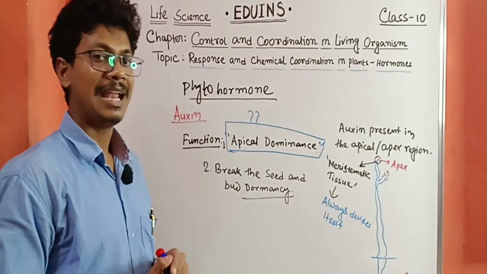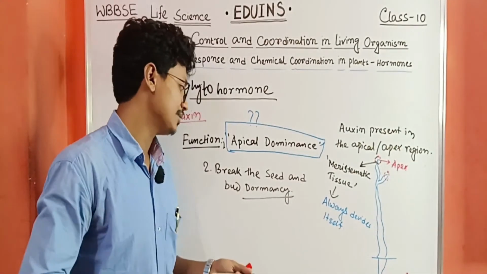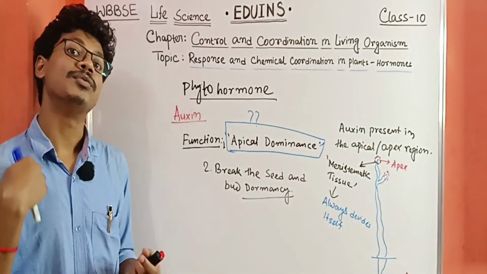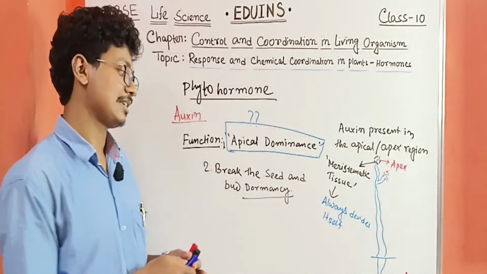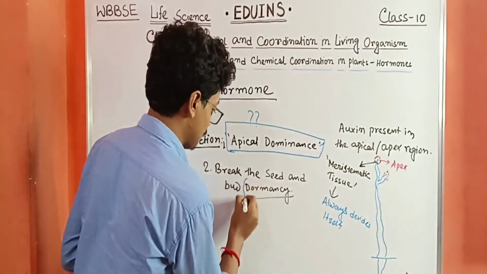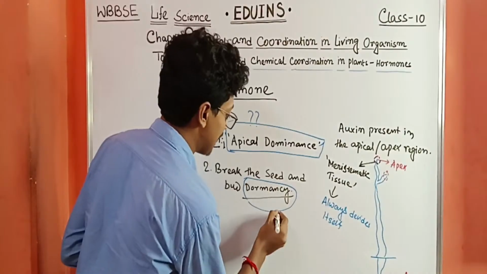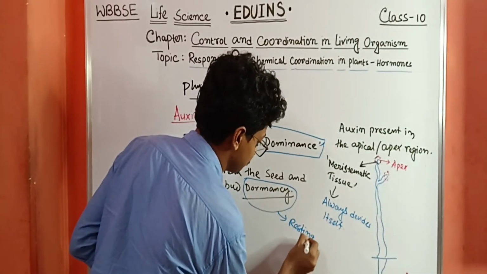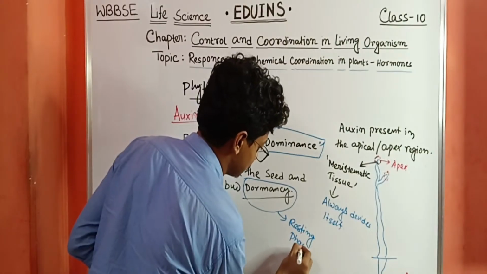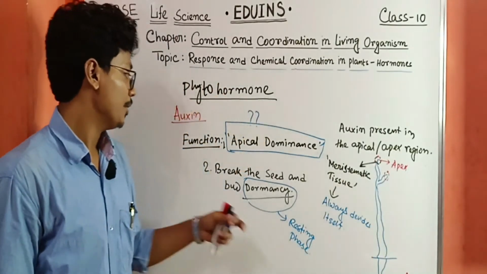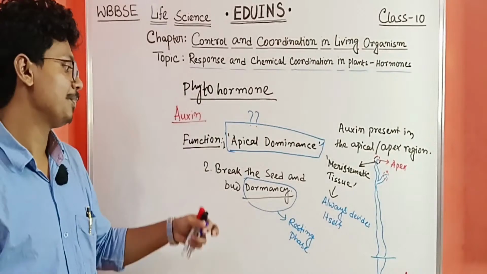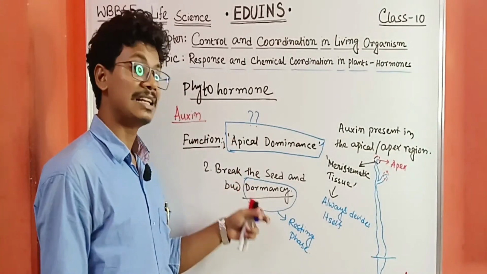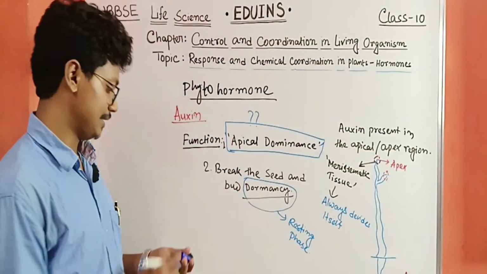We know that a seed can germinate after one year. This phase is called dormancy. This is actually the resting phase. So auxin helps break this resting phase of the seed.